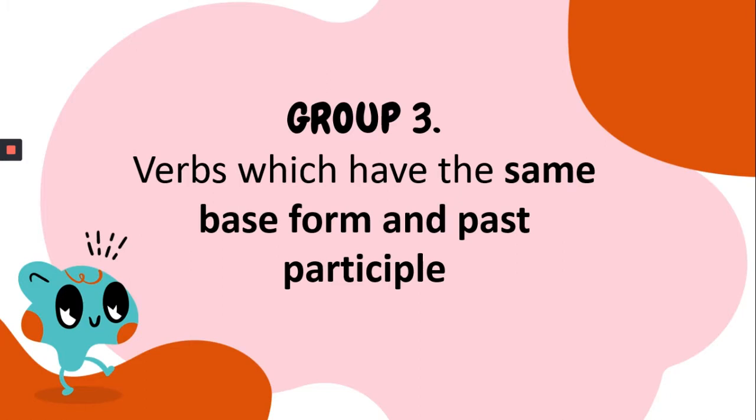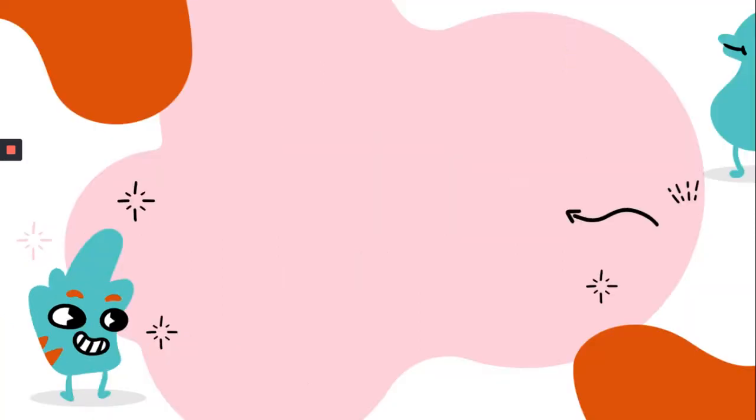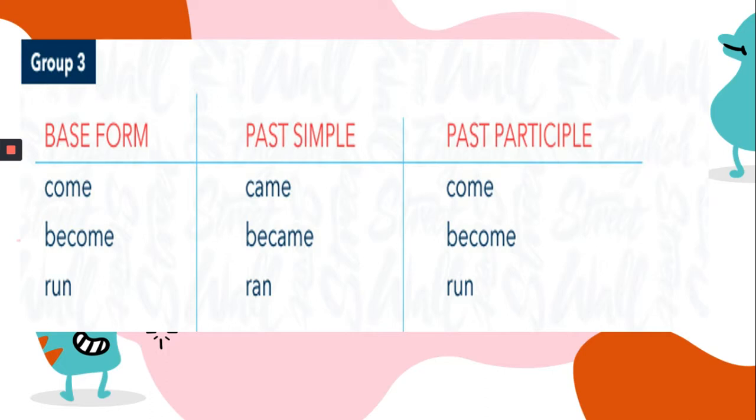In the past simple it's came, in the past participle it's come, and we also have become, became, and become again. So as you see, the base form of the verb is the same as the past participle. We're going to take a look at some others, like run, ran, and run.